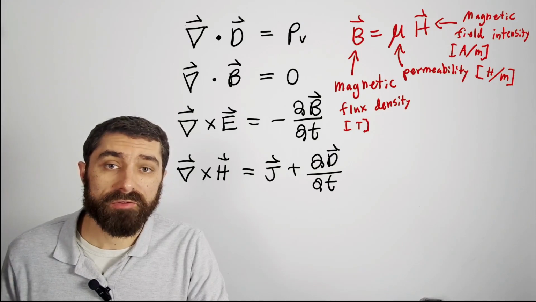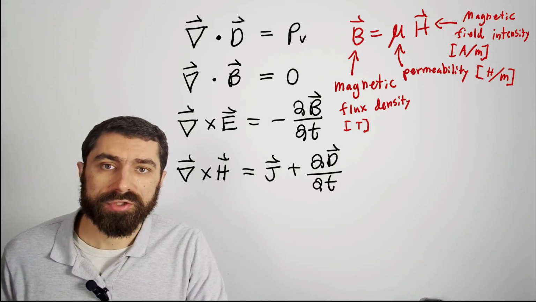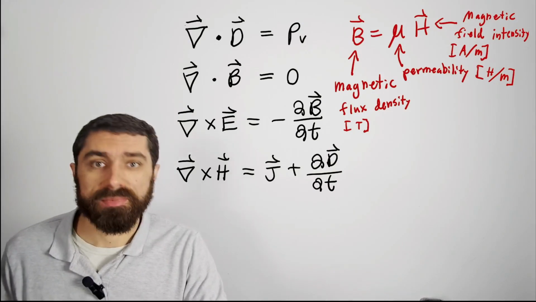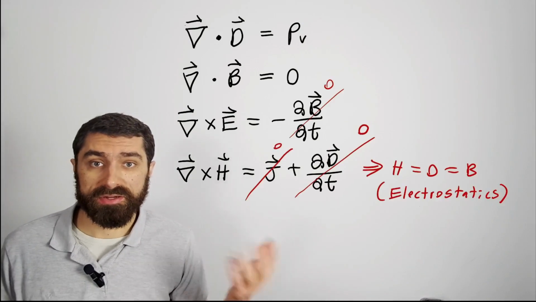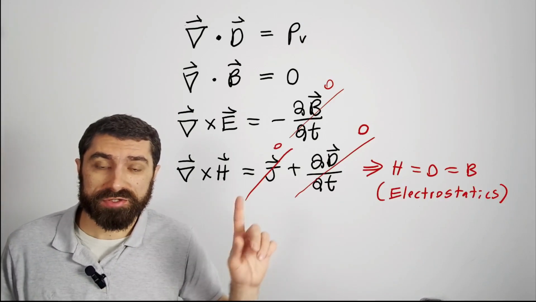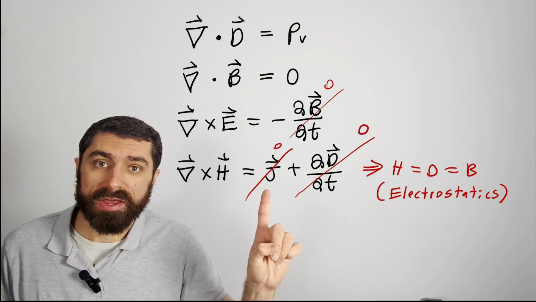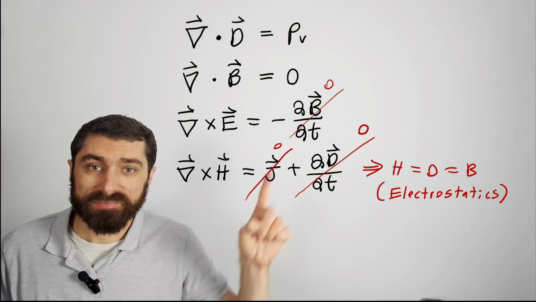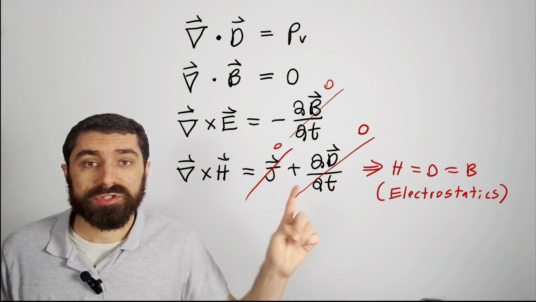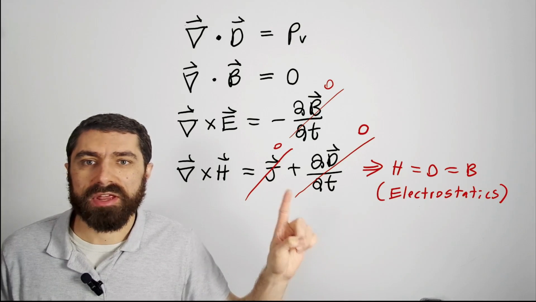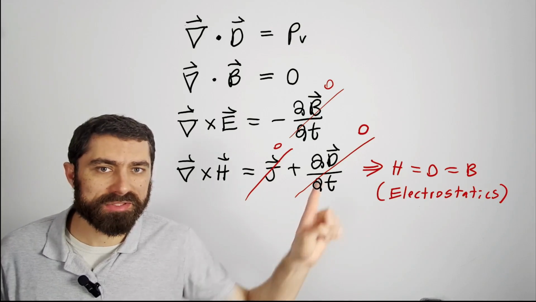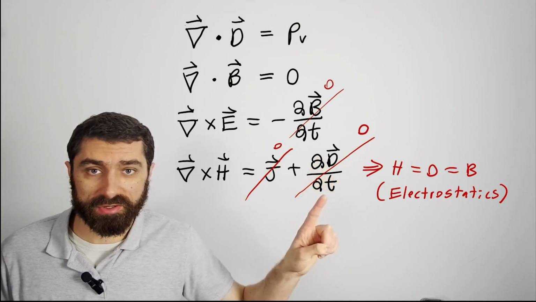In the case of electrostatics, we actually don't care about the magnetic field, and here's why. If the charges are stationary, this J value, which is current density, is equal to 0. And if the charges are stationary, nothing is changing with respect to time, and so this term goes to 0.